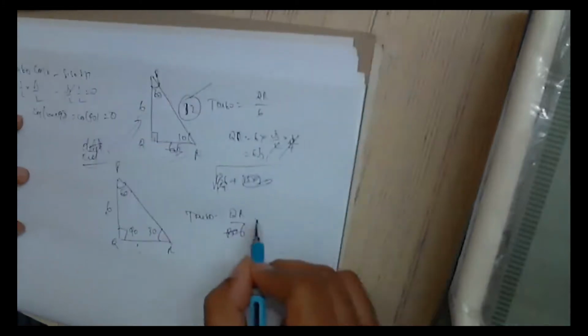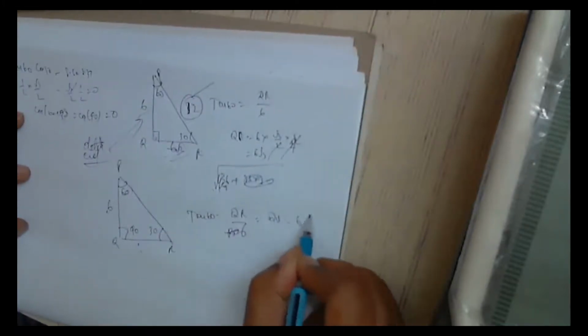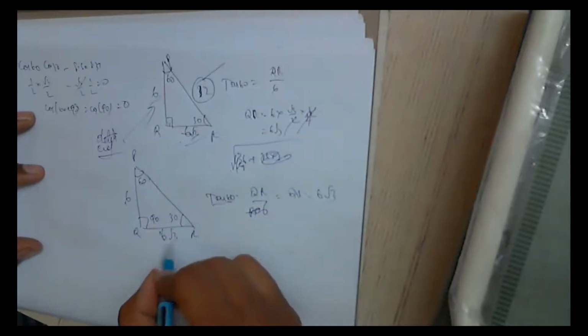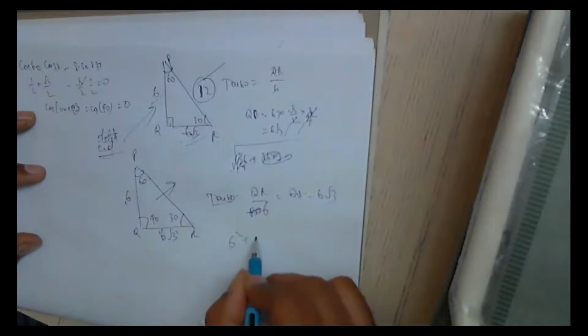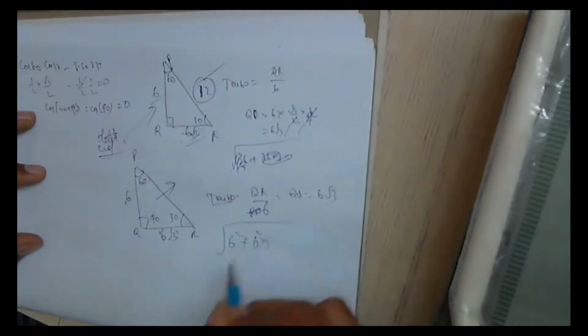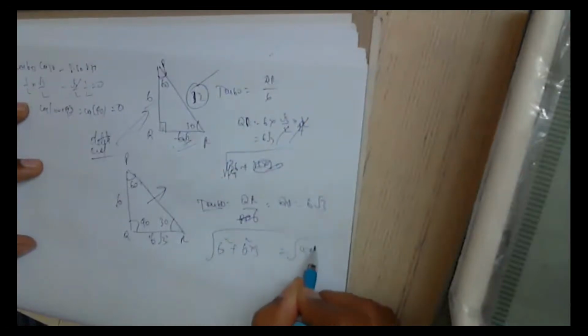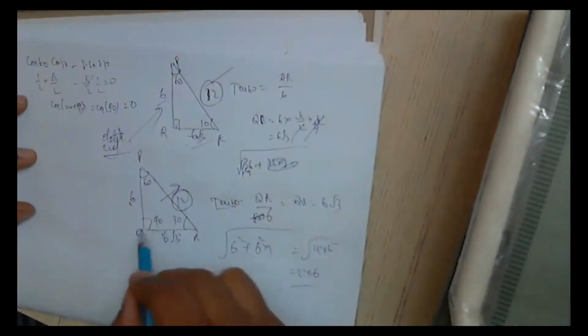So QR is equal to 6 root 3 because tan 60 is root 3. Then what is this value? A square plus B square, under root: 6 square plus 6 square into 3. So 3 into 6 square plus 1 into 6 square is root of 4 into 6 square. That means 2 into 6, that is 12. So we got all the 3 sides.